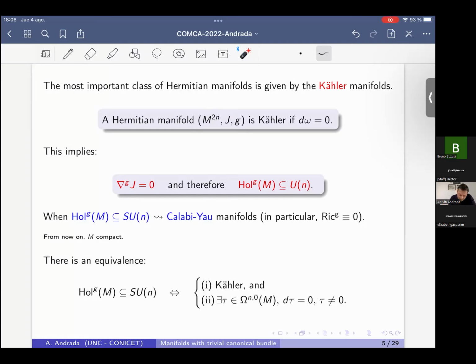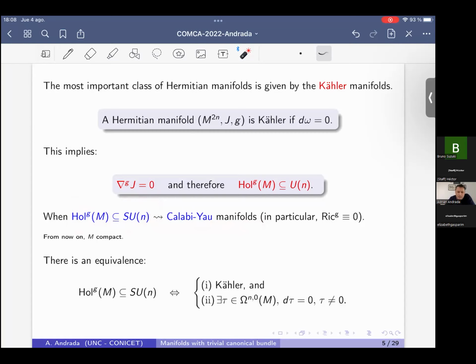So there are some manifolds which satisfy this condition, holonomy included in SU(n), and in this talk we will call these Calabi-Yau manifolds. There are several definitions of Calabi-Yau manifolds.